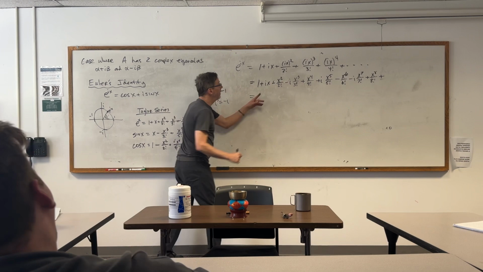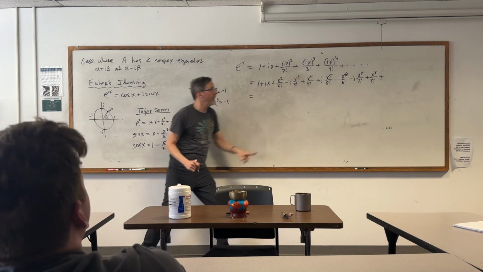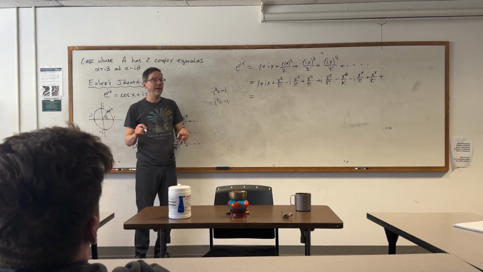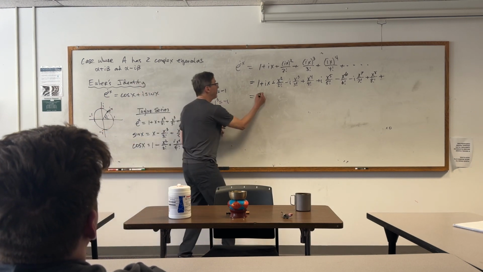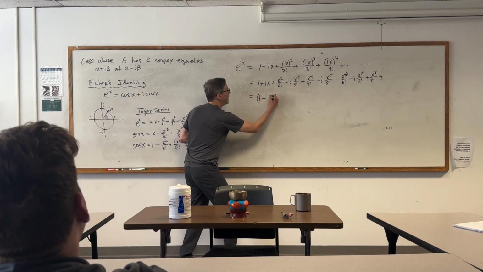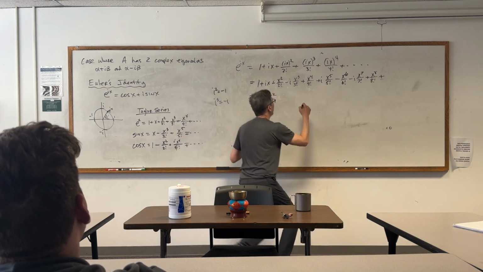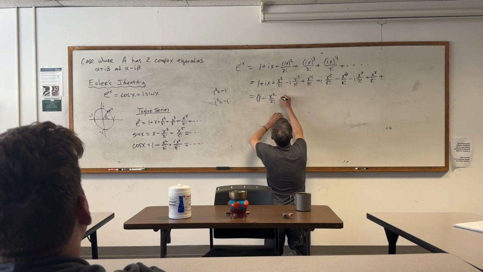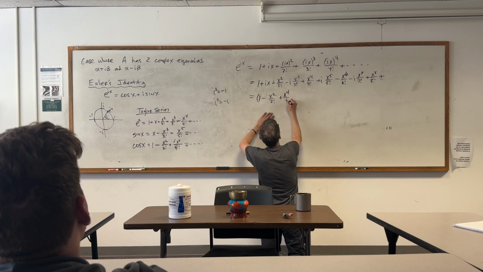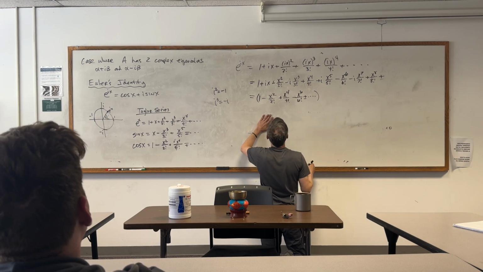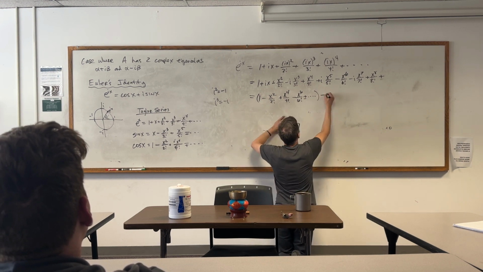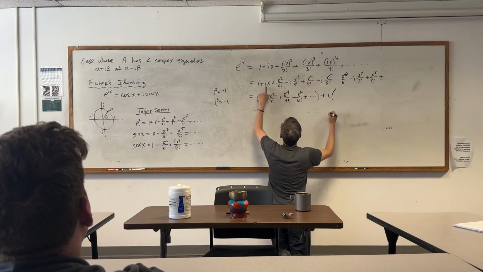Now, notice that every other term has an i in front of it, and the others don't. Group together the stuff that doesn't have an i. Let's put that in parentheses. So 1 minus x squared over 2 factorial plus x to the 4th over 4 factorial minus x to the 6th over 6 factorial. Now I can do a plus minus. So that goes on forever. Plus, now I've got a bunch of i stuff.